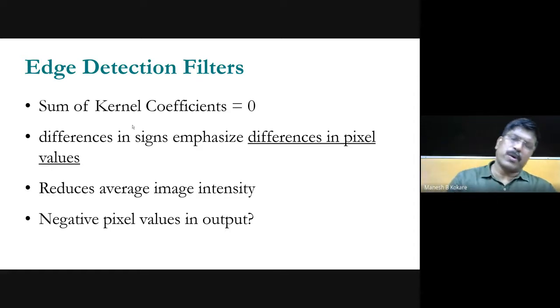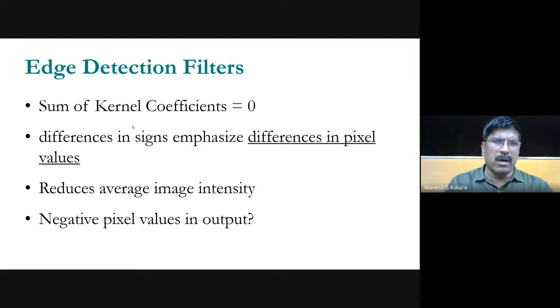In the case of the average filter, you know the 3 by 3 average filter: 1 1 1 everywhere, 9 points, and then divided by 9. So if you take the average of that, the sum will be equal to 1.